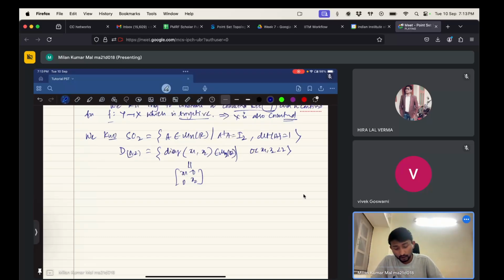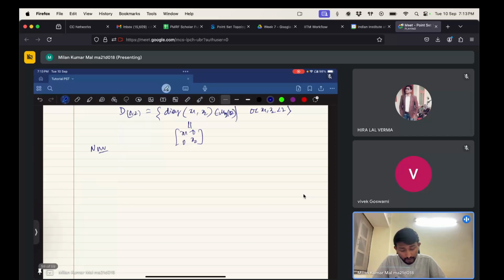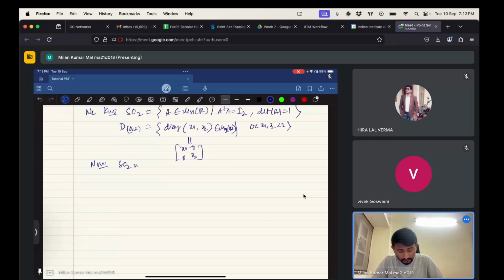Now note that SO2 is path connected, and therefore connected. How is this proved?